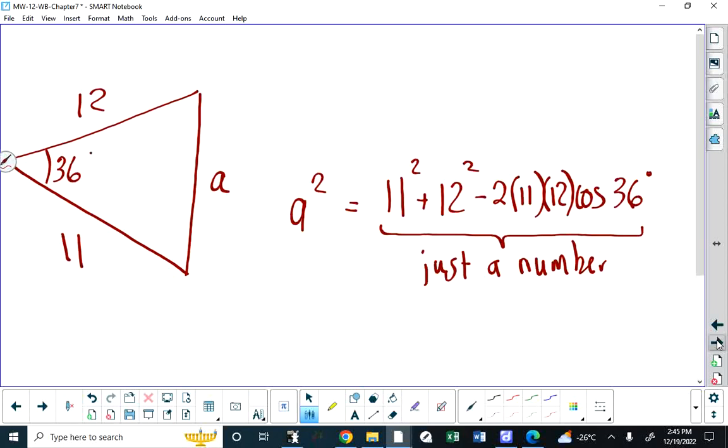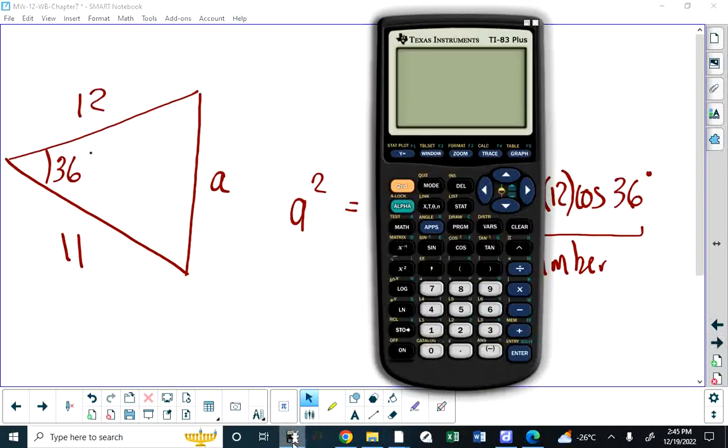This is what I want us to focus on for at least the next 5 minutes. I want to make sure everybody knows how to find that number on your calculator. And take my advice here, you are not going to do this in pieces. Don't go 11 squared equals and then plus 12 squared equals. I want to find out how many of you can enter this entire thing on your calculator, hit equals, and get the right answer. If you have a graphing calculator like the one I have up here, there shouldn't be an issue.